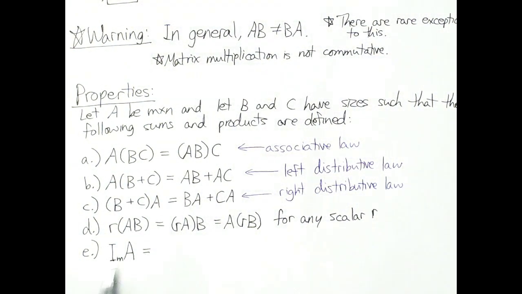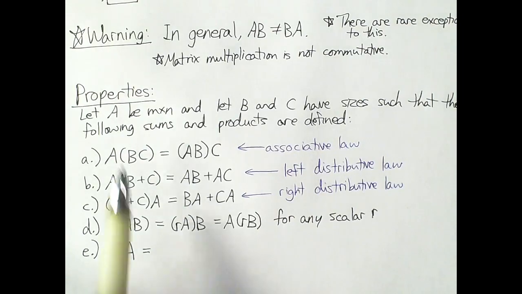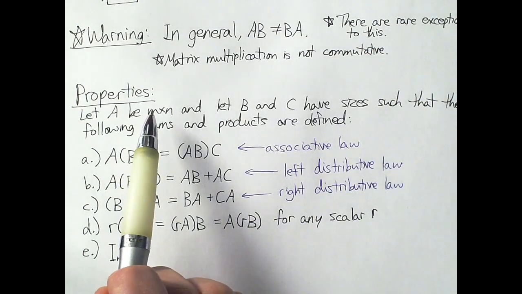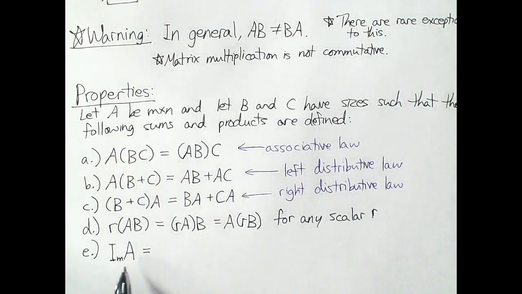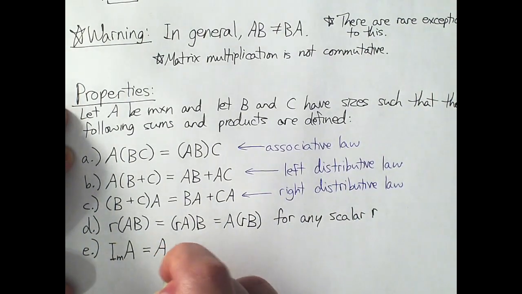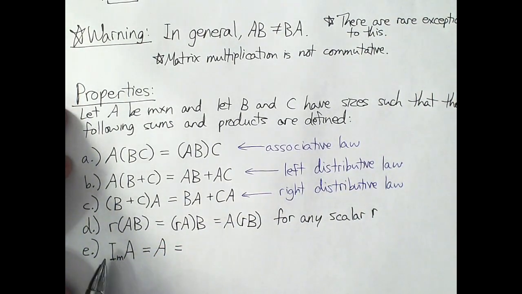Technically that would be okay. M by M, just to show you that this product is defined. That's M by M. It's being multiplied by something that's M by N. So yes, it seems like it checks out. This actually equals A. The identity matrix times A just equals A.